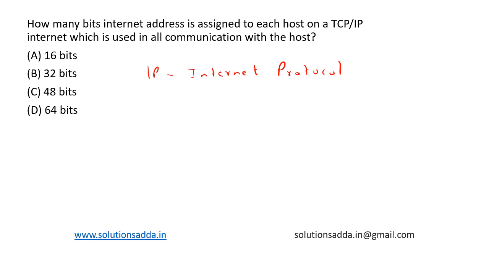In IPv4, 32-bit IP address is assigned to each host connected to the internet for communication. So 32-bit is used. Hence, an internet address of 32-bit is assigned to each host on a TCP/IP internet, which is used in all communication with the host. So based on the options, option B is the correct answer.